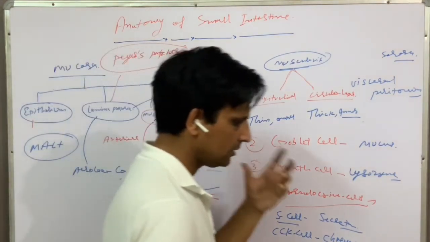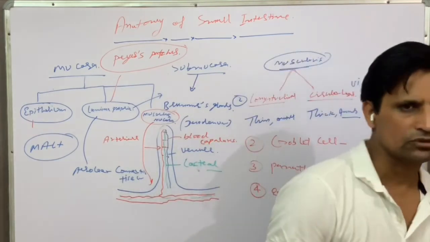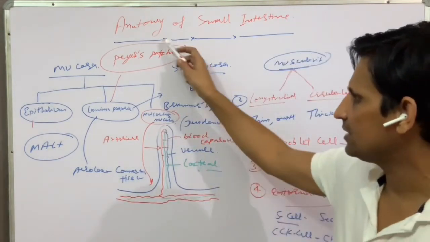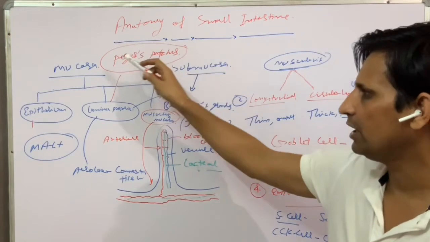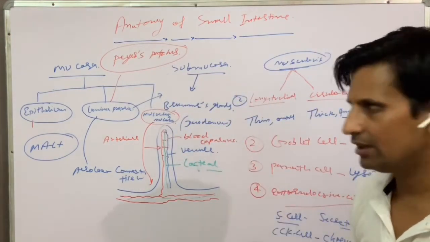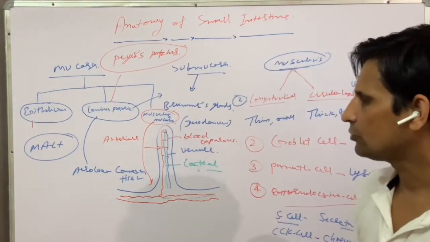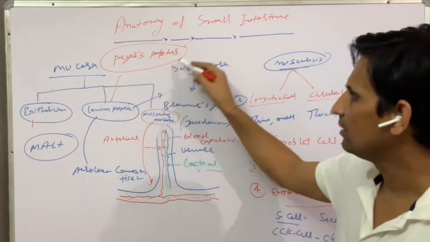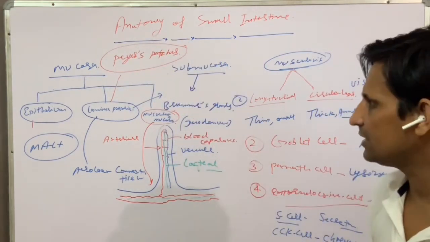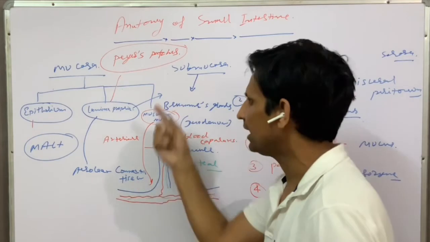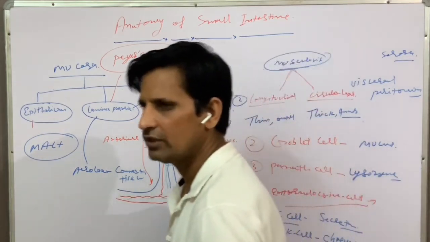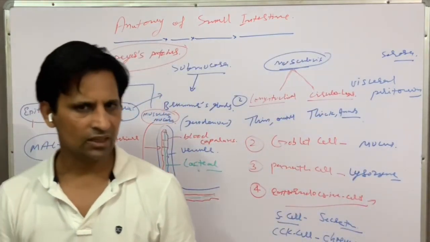These have a very significant role in the immune system, and these Peyer's patches are found in the distal part of the ileum. Ileum is the last part of the small intestine. So the Peyer's patches can be seen abundantly in the distal part of the ileum, right?